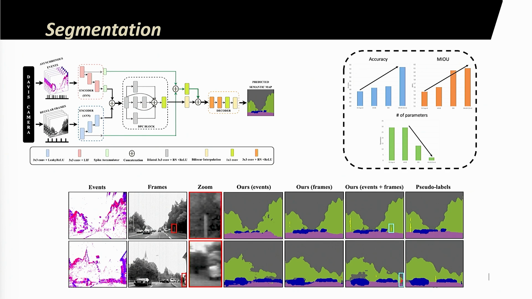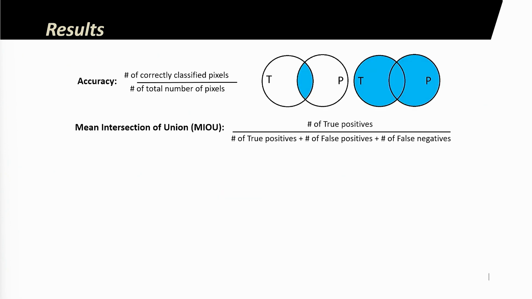I'm showing some examples here with the red dots, which are shown here, the lamppost and so on, which one could not detect using, for example, a frame-based camera, but could do with the DVS camera. And a DVS camera also missed something which could actually be gotten through the frame-based camera. So taking the best of both worlds, one can actually get quite a bit of improvement using these hybrid architectures and using both the sensors. And these are some of the results.